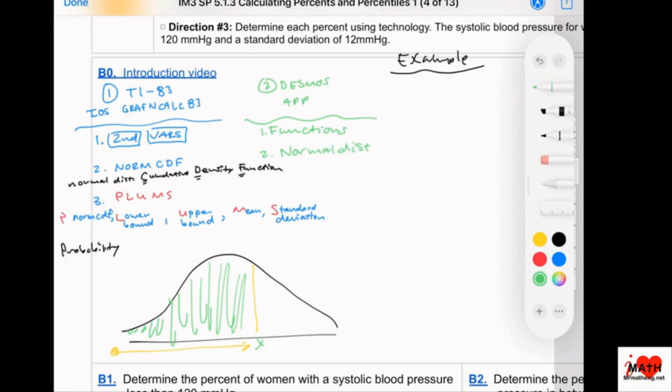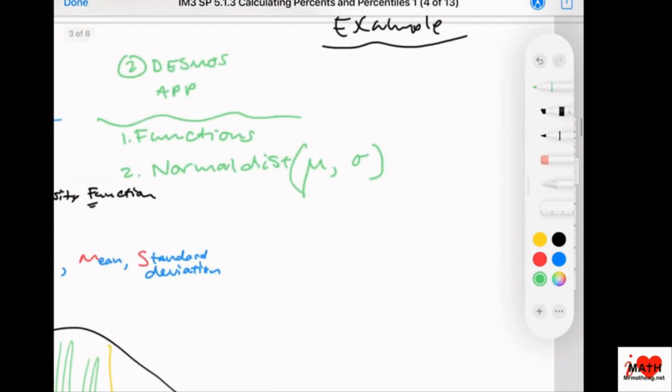And you're going to put in there the mean, comma, standard deviation. So again, that is the mean, and this one is the standard deviation. Okay, and then all you need to know for Desmos is the box is equal to your area.